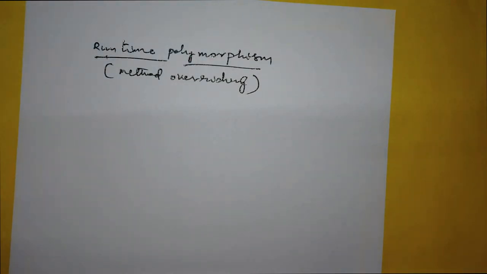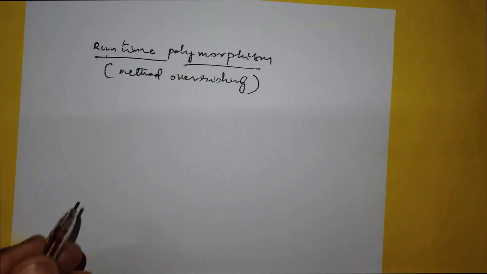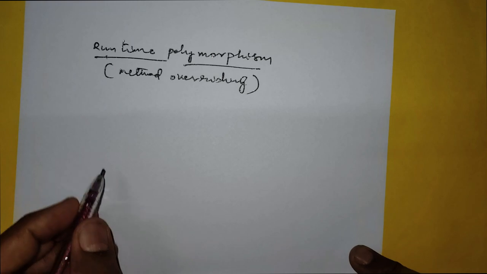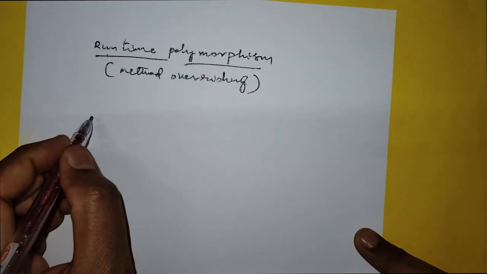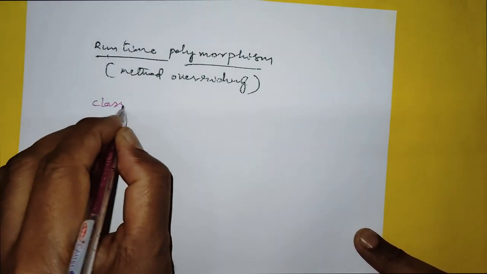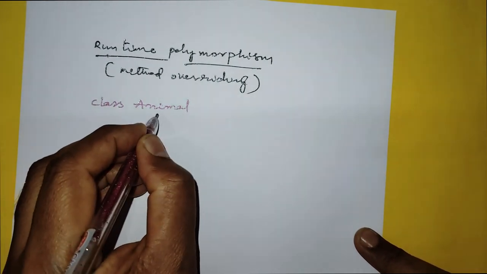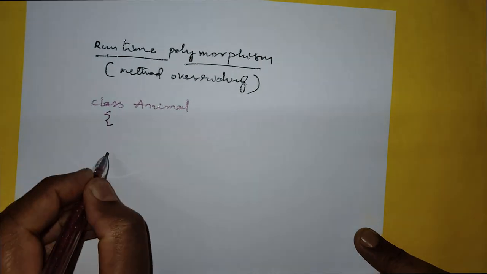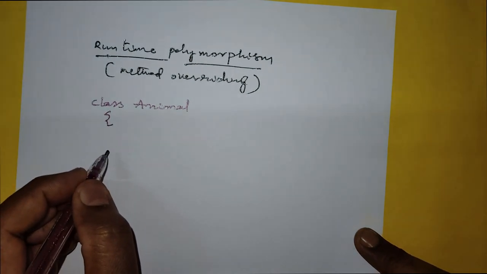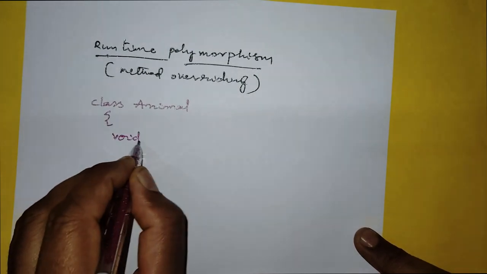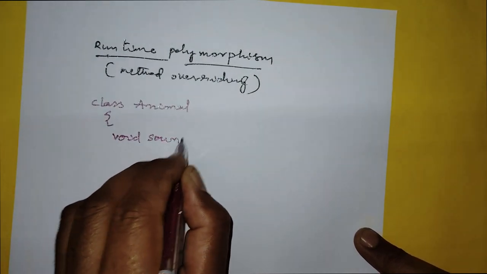What is the first step here? Step 1 is we have to create a superclass, class Animal. Then open the curly brace for class Animal. Then the method we are going to use is void sound.